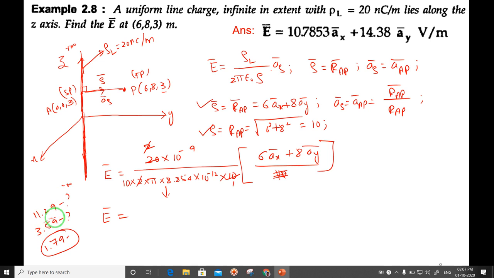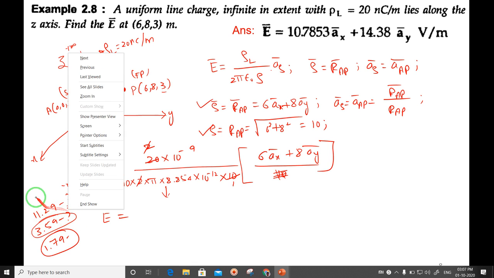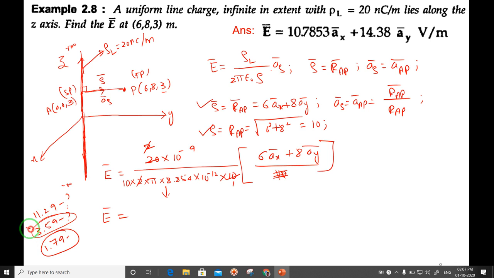I am also getting 3.59 only, but somebody told in the morning that it is wrong, that it is 1.79. If it is 1.79, I will get the textbook answer. We will not go by the textbook answer, whatever I do, it should be correct. So 3.59 itself, correct, right? Yes, sir.